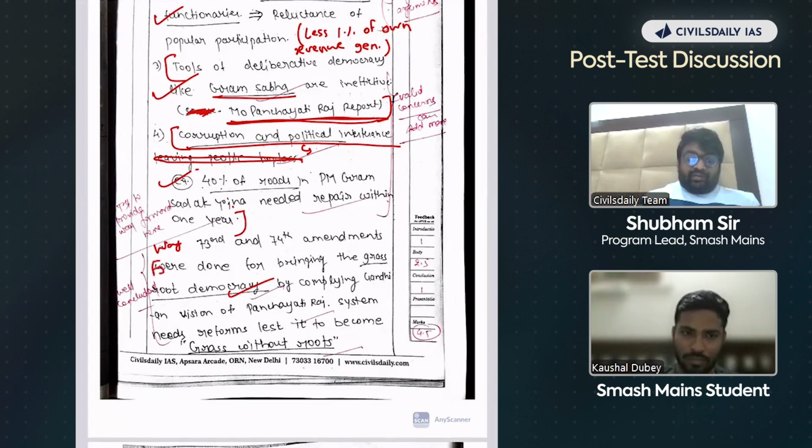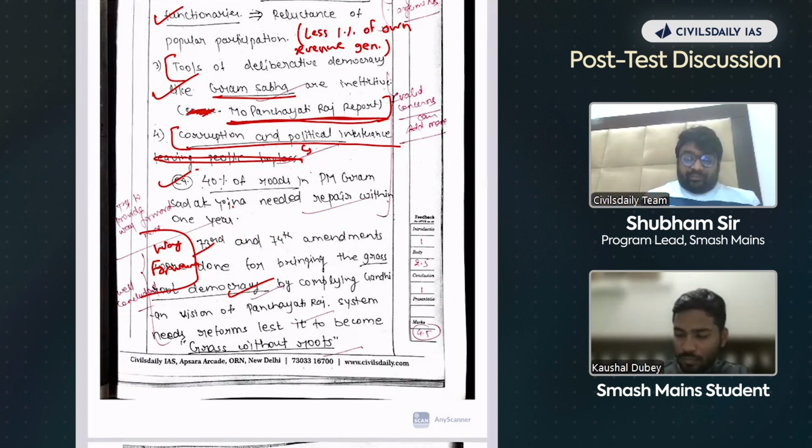Okay, way forward. The effective delegation. Or the Second ARC has recommended creating a fourth subject under the 7th Schedule. Centre, state and the local bodies. And then like that you give only three way forwards.